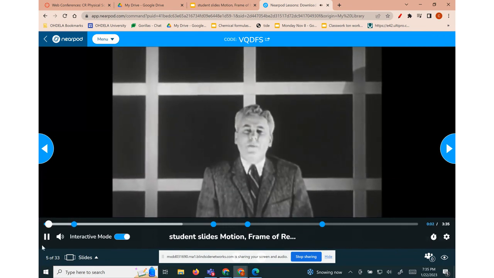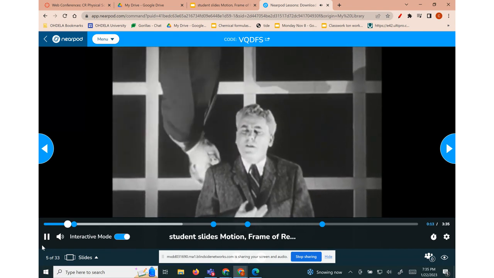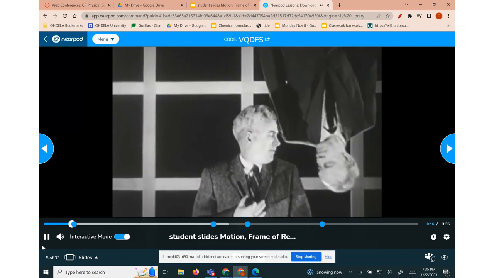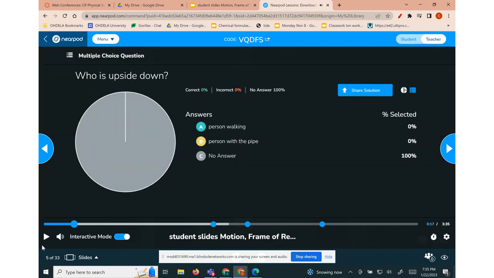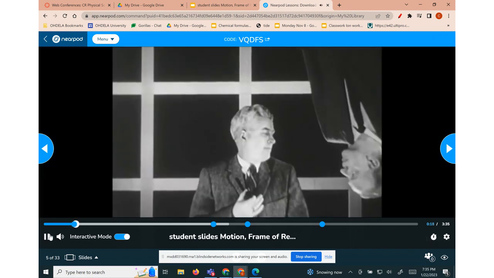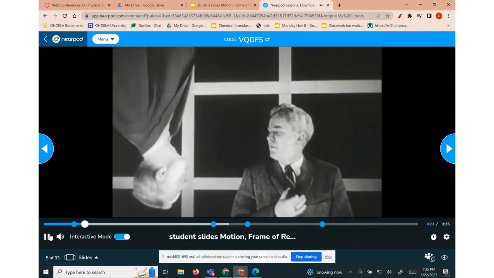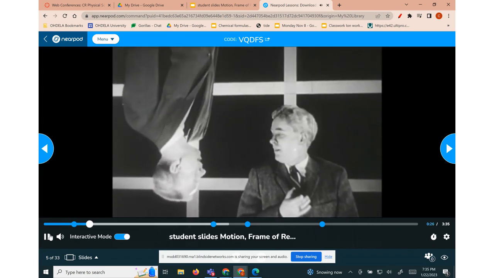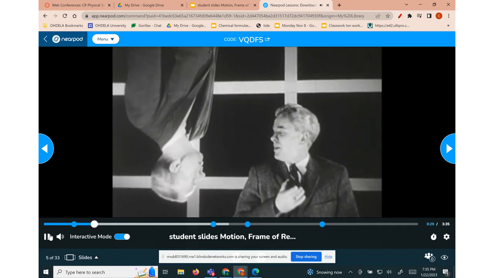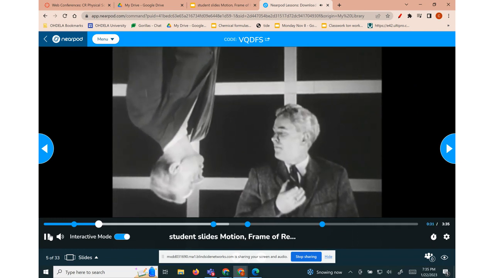We are used to seeing things from a particular point of view, that is, from a particular frame of reference. And things look different to us under different circumstances. So who's upside down? The person walking or the person with the pipe? Your choice. You look peculiar. You're upside down. No, you're the one that's upside down. No, you're upside down. No, I'm not.